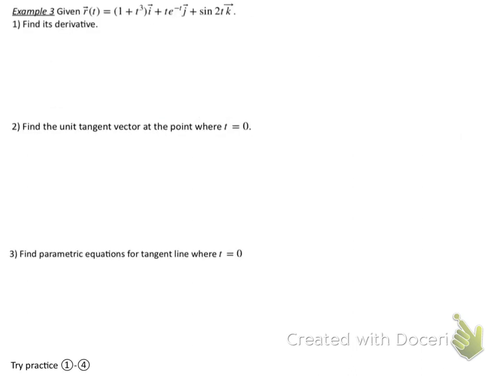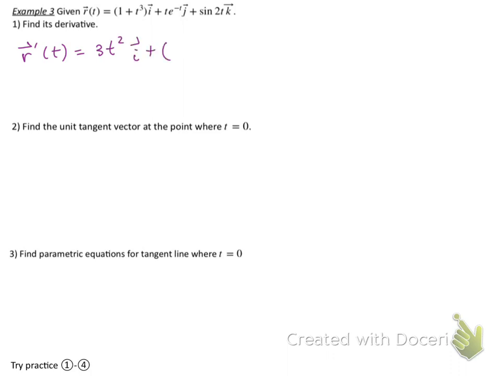Now let's see a quite easy example. We have this curve. R has x component 1 plus t to the third power, y component t e to the negative t, and z component sine 2t. To find the derivative, we differentiate each coordinate. 1 plus t cubed gives 3t squared, that's my i.